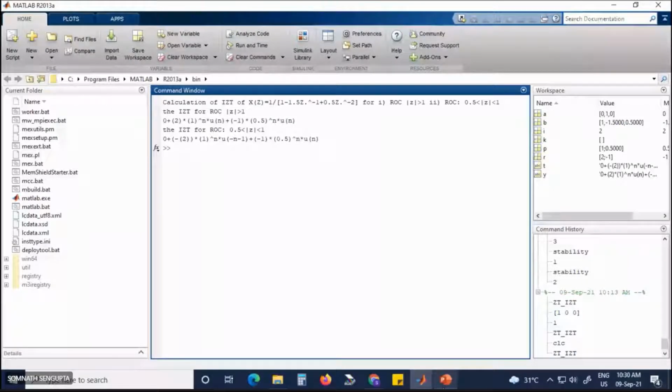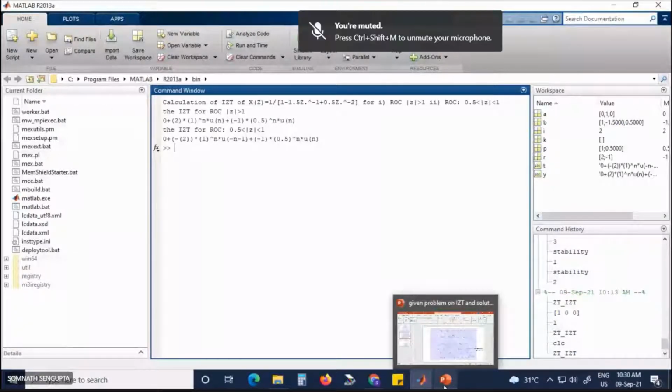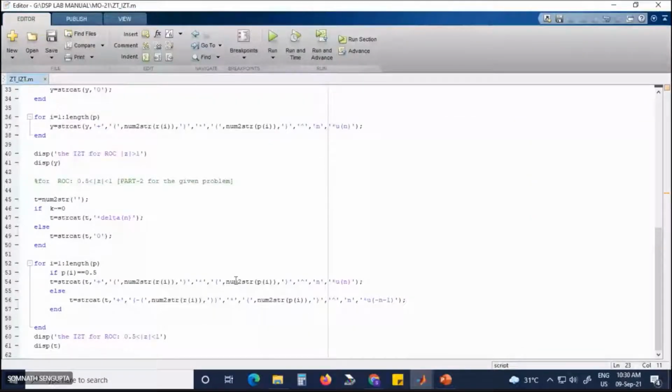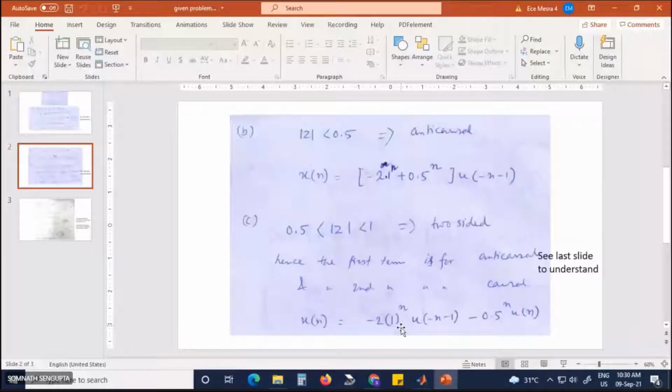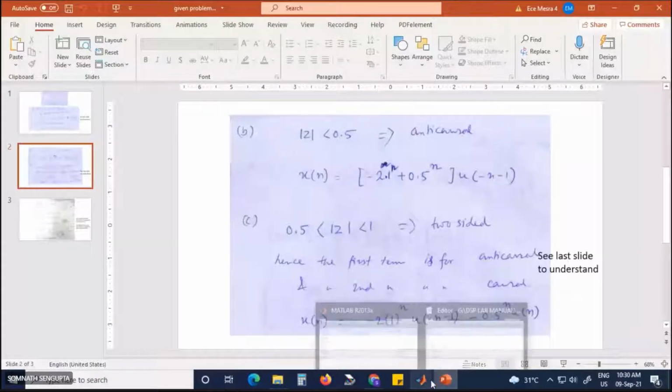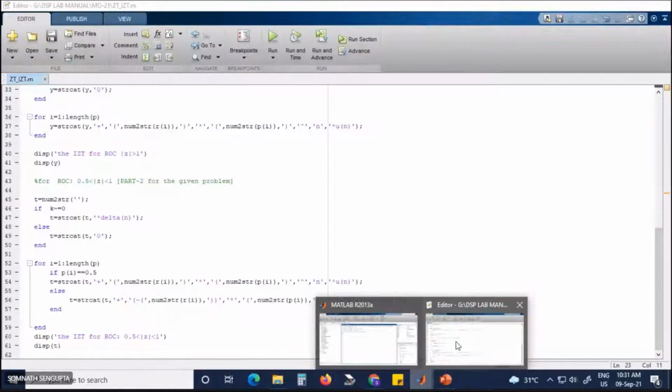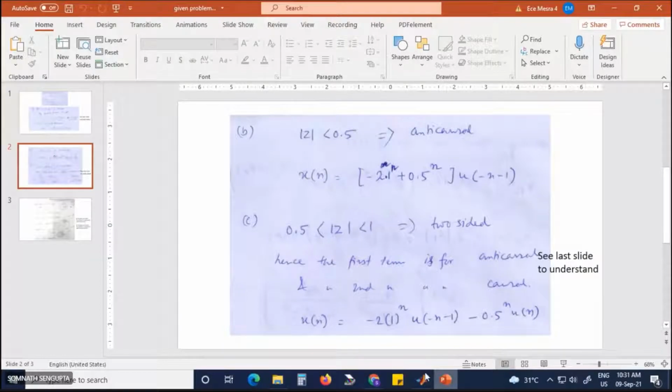And the inverse Z transform for the other case, that ROC is greater than 0.5 and less than 1, is minus 2 into 1 to the power n u[-n-1] minus 1 into 0.5 to the power n u[n]. So it is matching with the theoretical calculation.